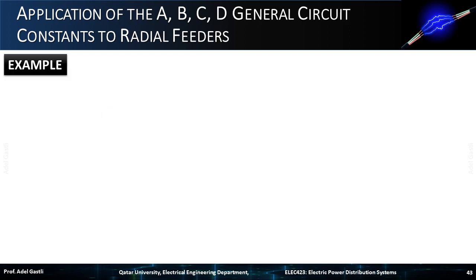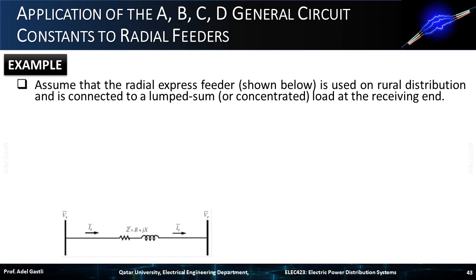Let's apply what we have seen now to a practical example. In this example, we assume that the radial express feeder, shown below, is used on rural distribution, and is connected to a lump sum or concentrated load at the receiving end.